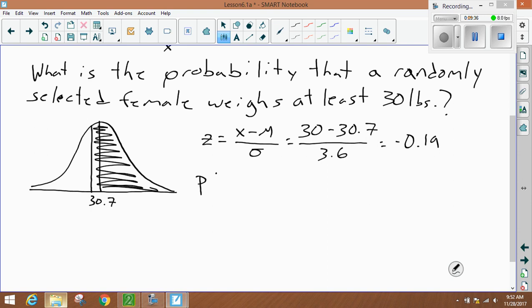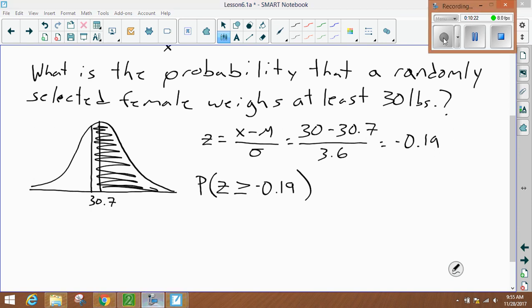All right, so now we add the notation. What we want to know is the probability that z is greater than or equal to negative 0.19.